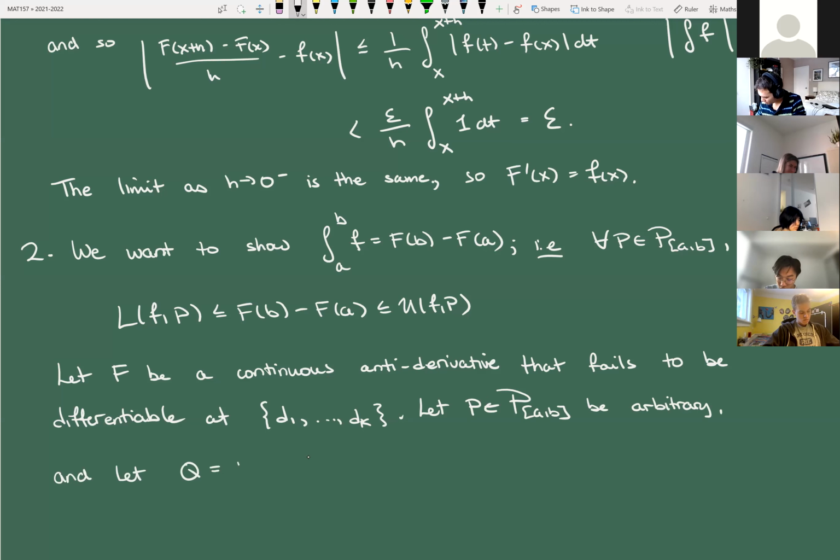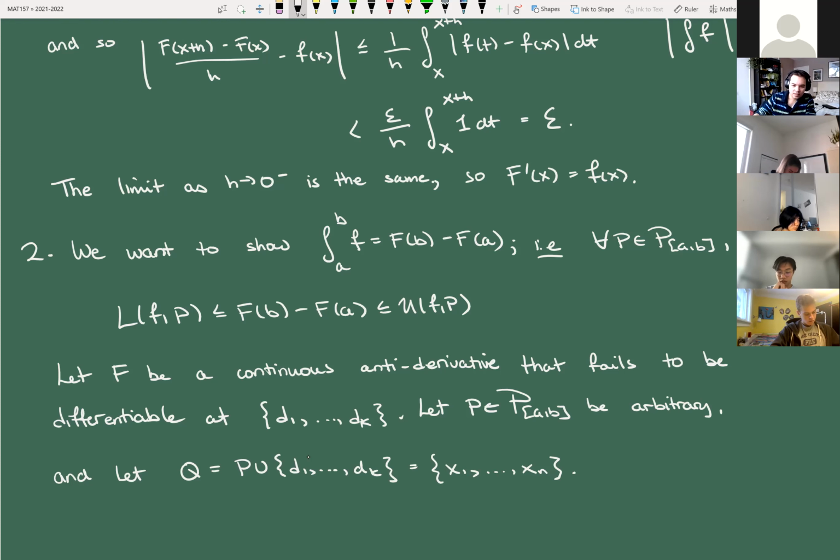And let Q be P union D1 through DK. Okay, and I'm going to call them X1 through Xn. Don't worry, it's just a terrible setup because we have to worry about these points of discontinuity, but after this, it's going to get really, really good, okay?